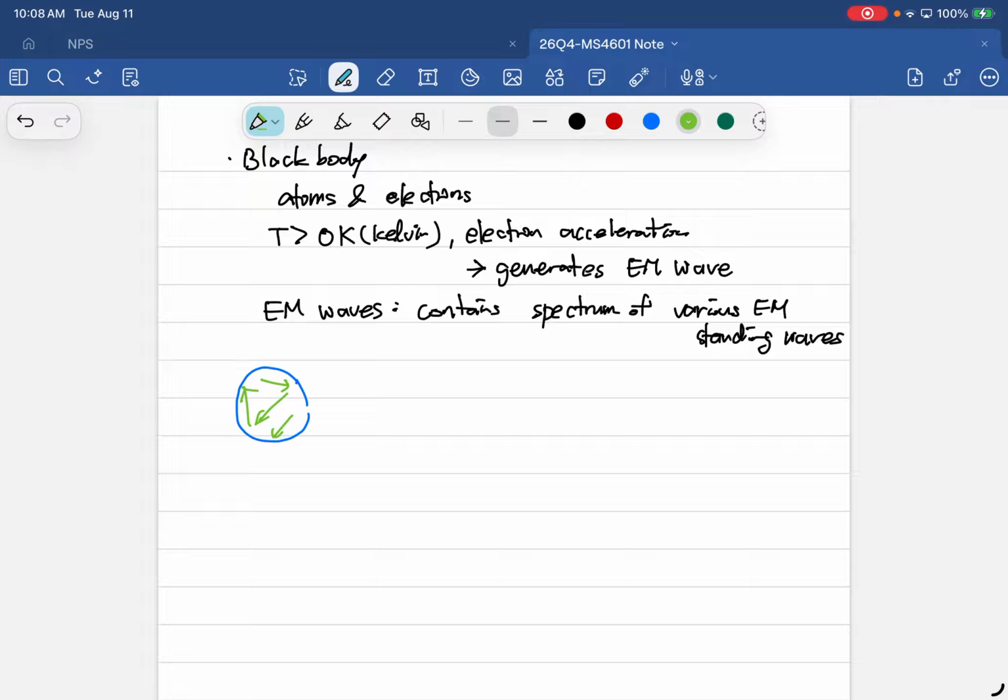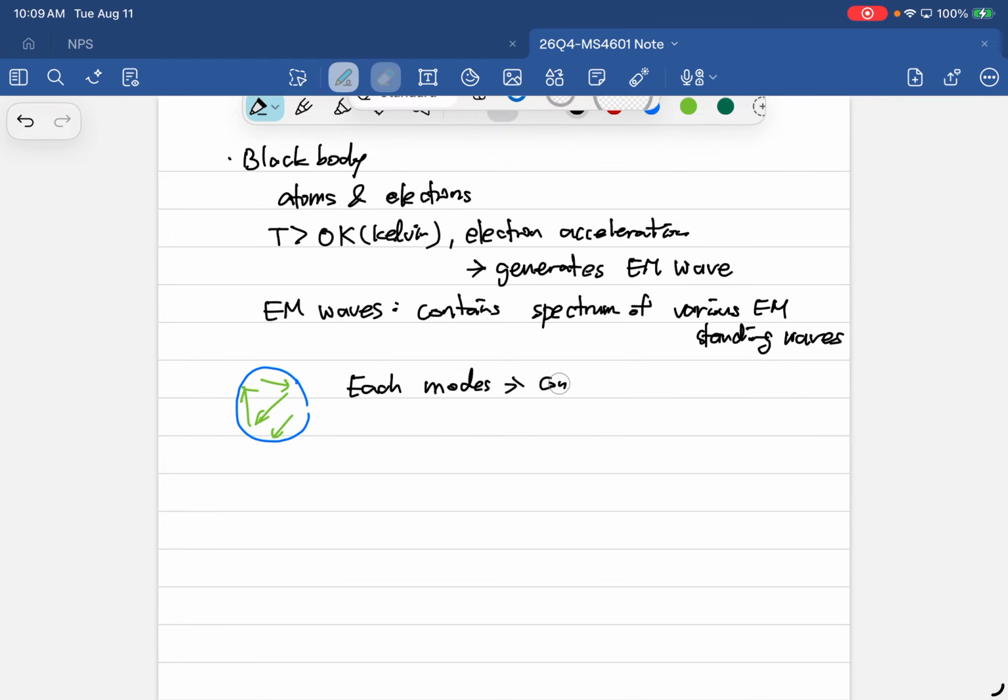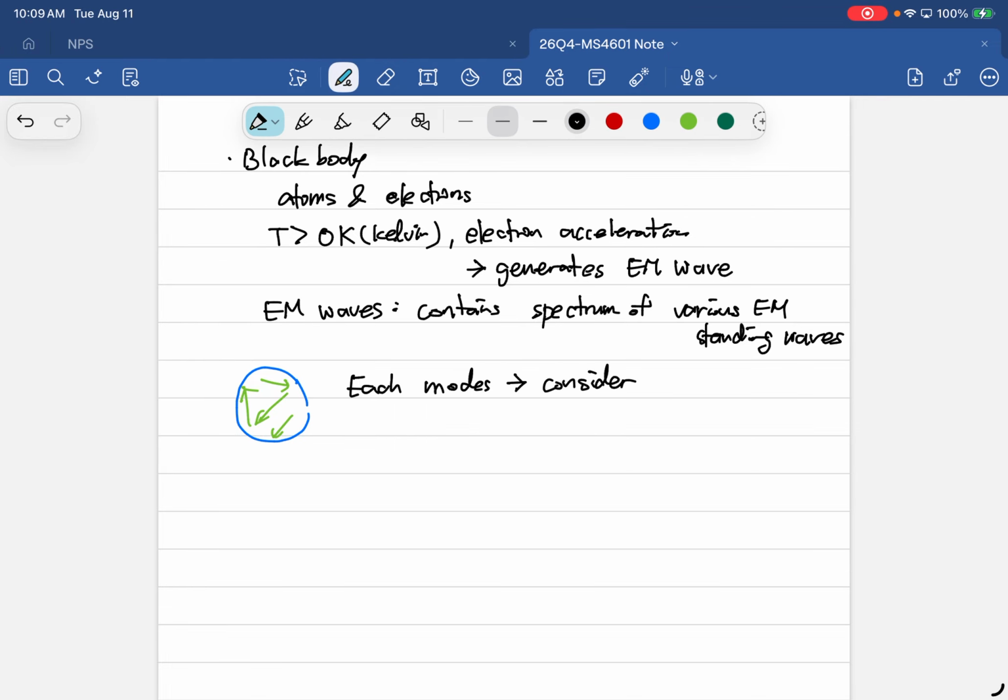This is essentially how the black body is described, and in this case it has a spectrum of standing waves, and each mode is essentially considered a quantum harmonic oscillator.